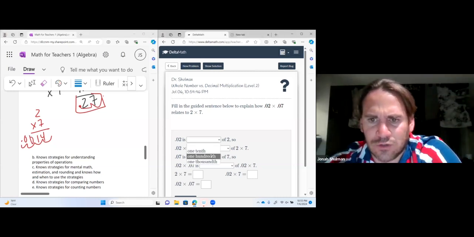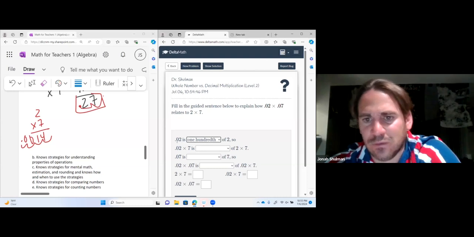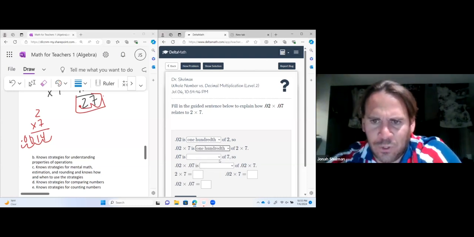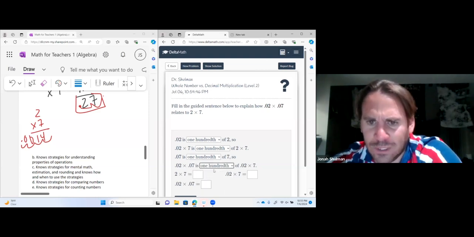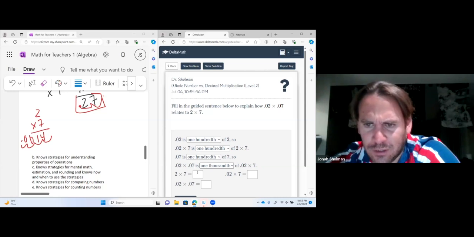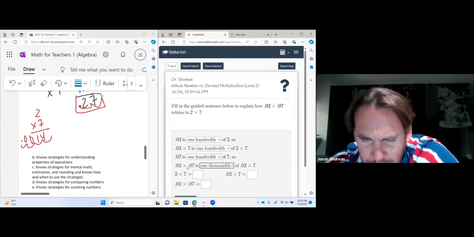So this is 1/100th. If the 2 is here, it'd be in the 100th place. 0.07 is 1/100th. This is 1/100th. Oh, wait, sorry. 0.07 is this. So 0.02 and 0.07 is 1,000th because 1, 2, 3, 4. Oh, wait, 0.02 times 0.07 is 1,000.